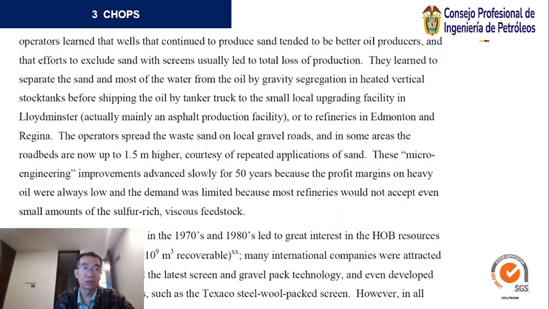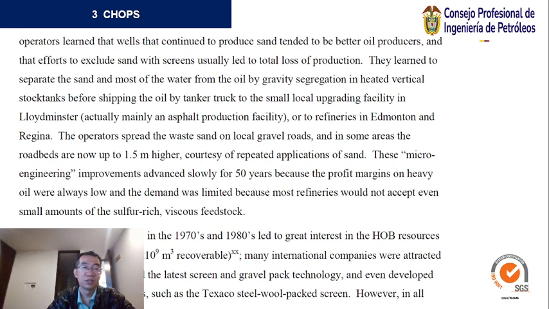The small local operators learned that wells that continue to produce sand tend to be better oil producers, and the efforts to exclude sand with screens usually led to a total loss of production.